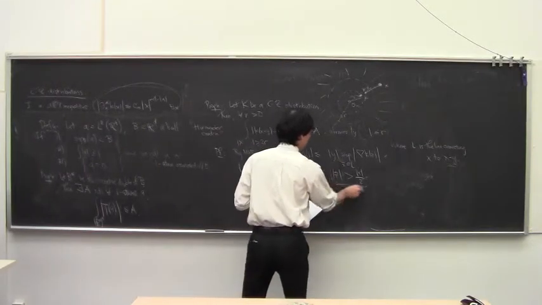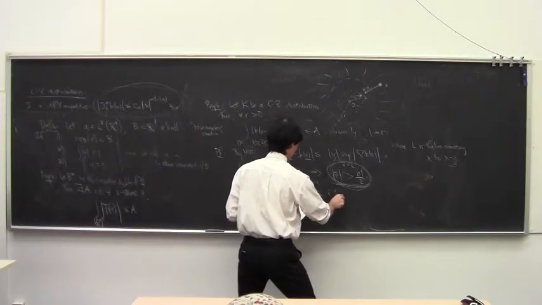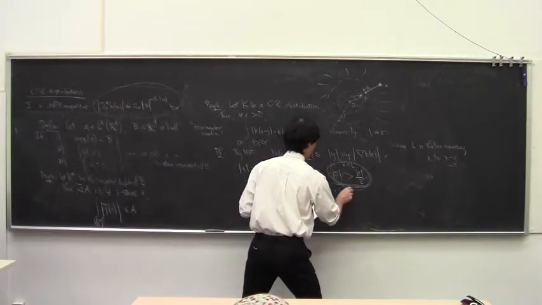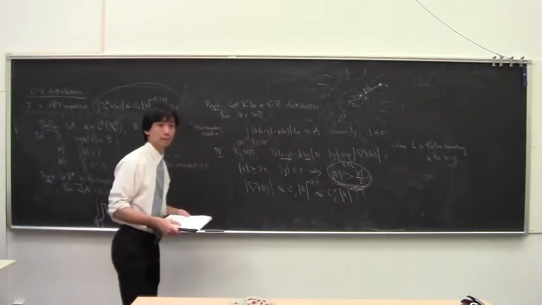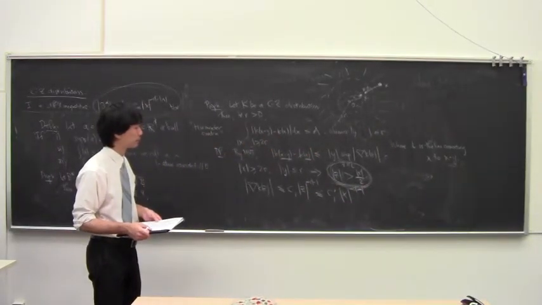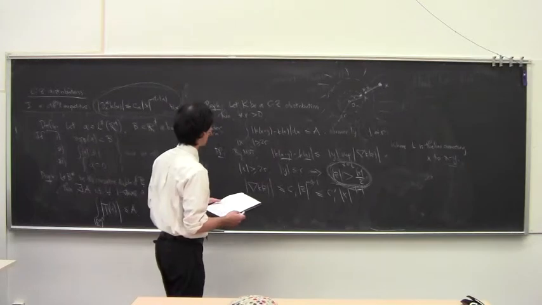But we know this, so this is controlled in turn by some constant times x to the negative b minus 1. Okay. So what does that give us?